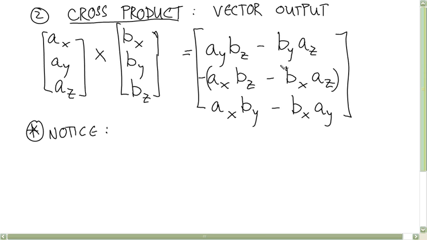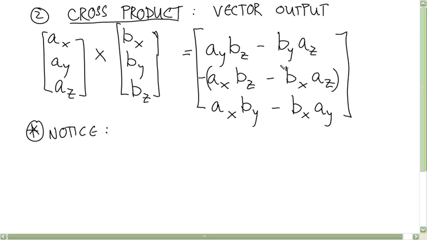So if you're taking the cross product of two vectors that don't have Z components, that cross product is always going to only have a Z component. And that's why when you do 2D moment problems, 2D rotational problems, you calculate the moment as a cross product, and that's why your moments always act only in the Z direction.